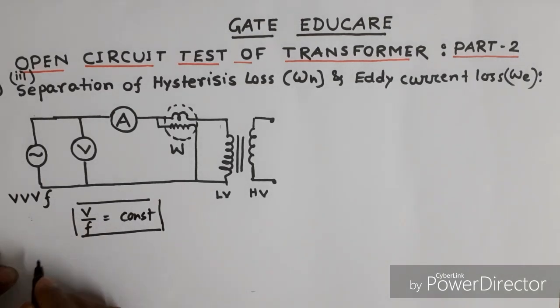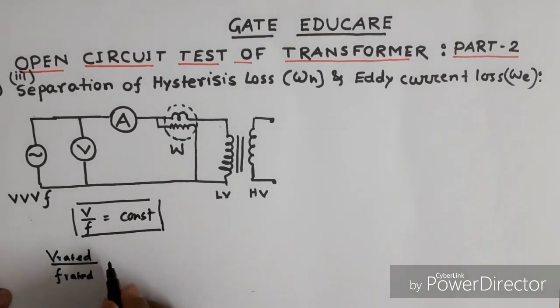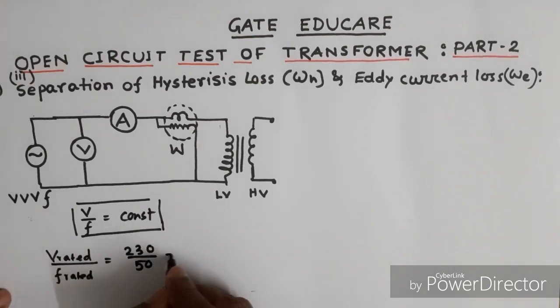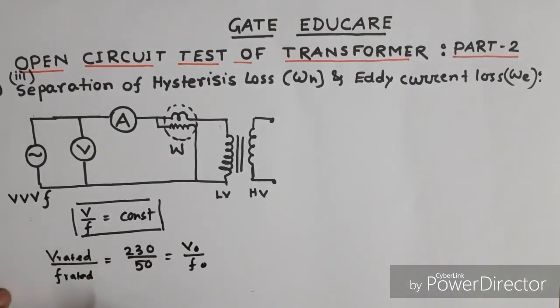Suppose V rated by F rated equal to 230 by 50, that is equal to V0 by F0.